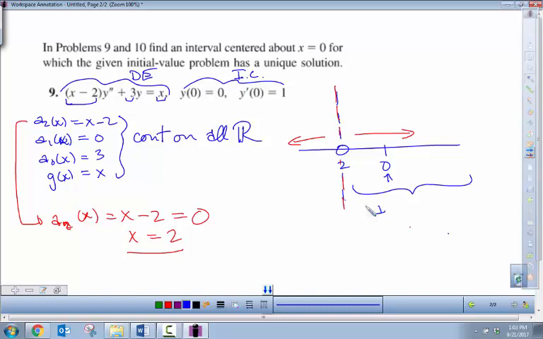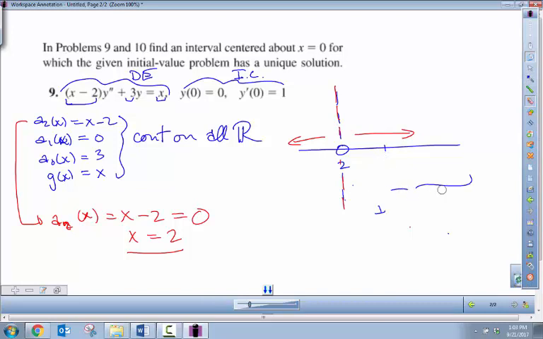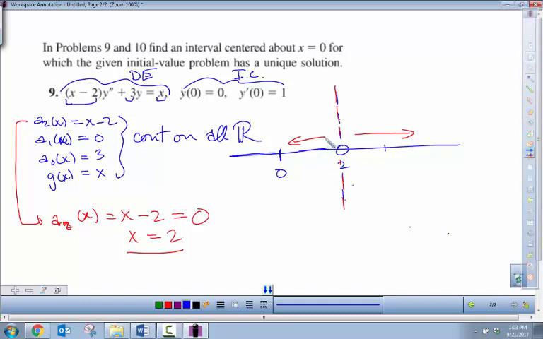So we want to be on this side. So the initial condition has 0 in it.